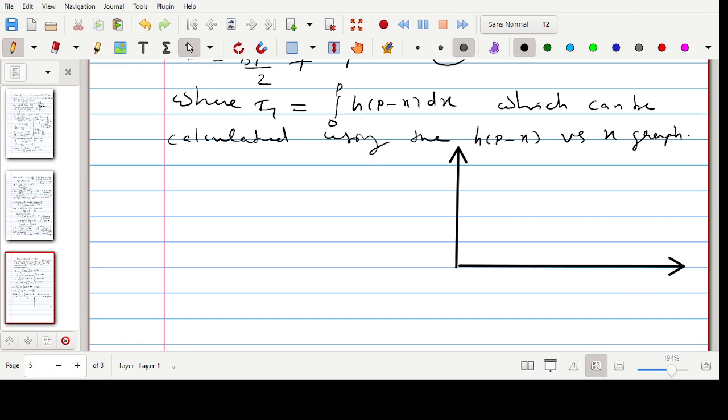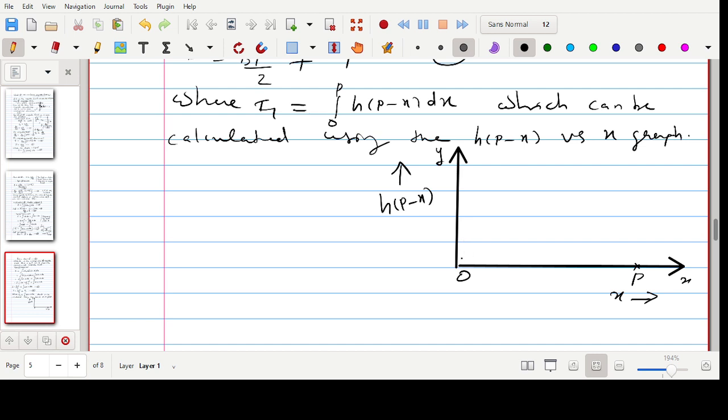If you draw this graph, this is 0 and this is p, this is x, and in the y direction you are plotting h into p minus x. H into p minus x is taken along the y direction and x is taken along the x direction.